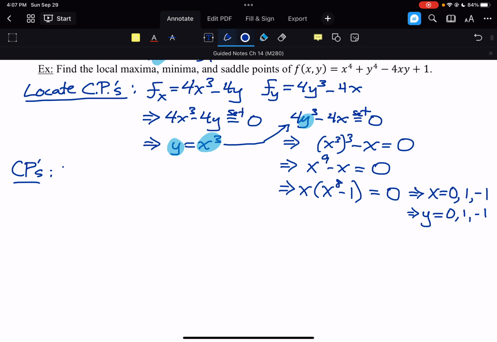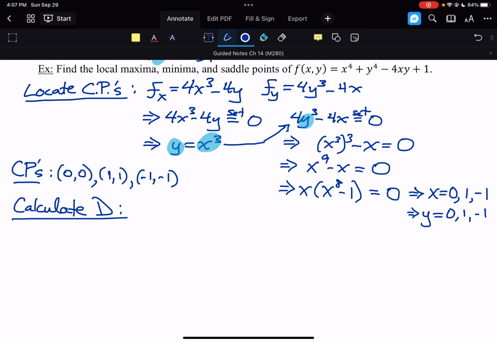So our critical points are (0, 0), (1, 1), (negative 1, negative 1). So these are the values we're going to be testing. These are the values that could be maximum or minimum values, but we need to check to see if they actually are. So next up, we're going to calculate D, that derivative test.